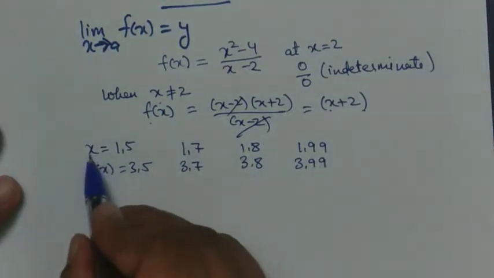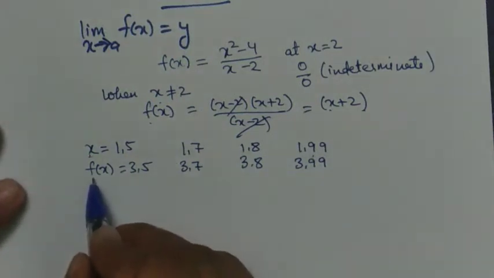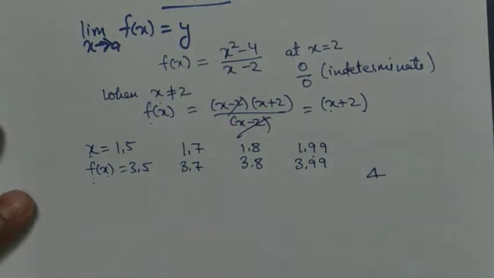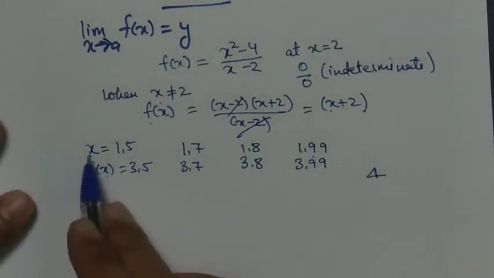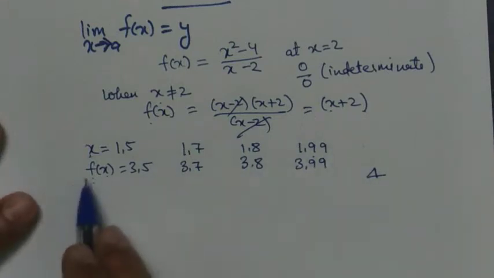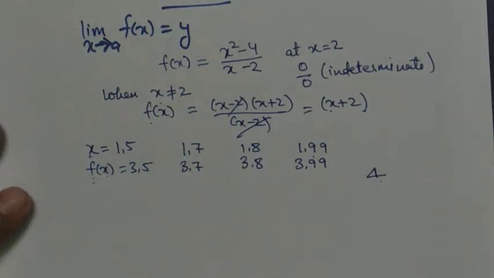So when the value of x increases to 2, the value of f(x) comes closer to 4. So as x increases and moves closer to 2, f(x) moves closer to 4. This is called the left hand limit.